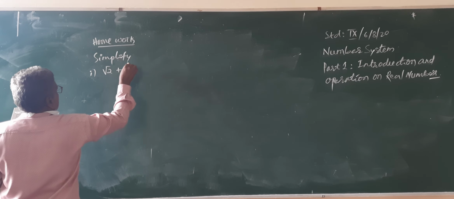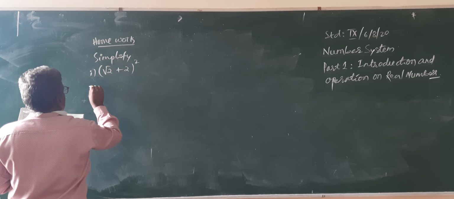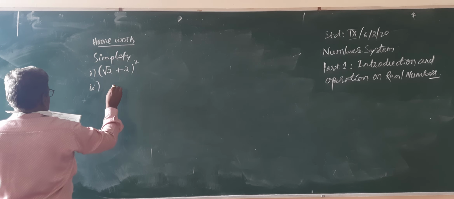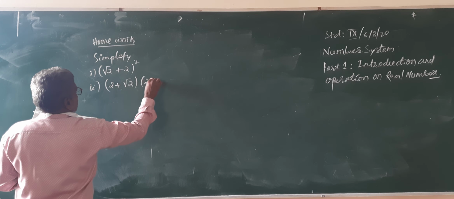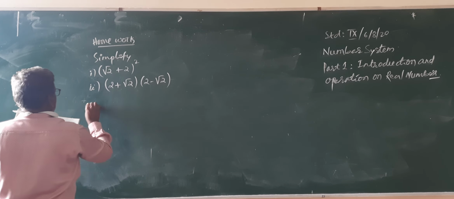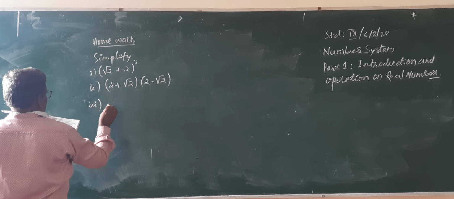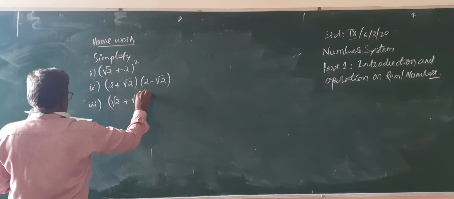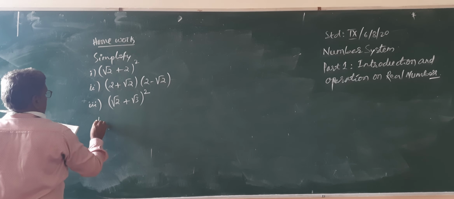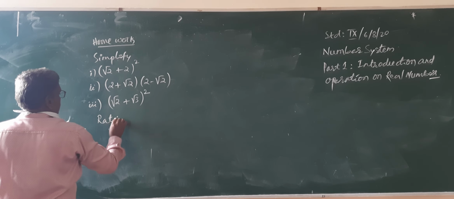Rationalize the denominator in these: 2 plus root 2 into 2 minus root 2; 2 plus root 3 bracket square. Rationalize the denominator.